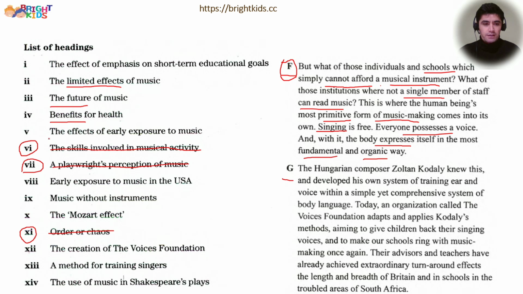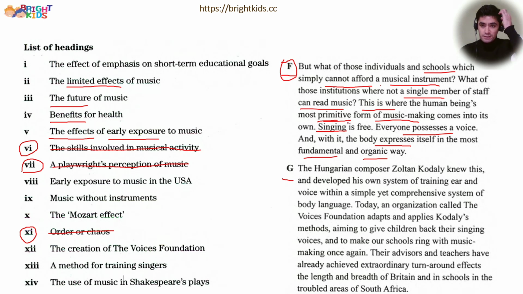Next, the effects of early exposure to music. Early exposure. So here in the paragraph it actually says this is where the human being's most primitive form of music making.